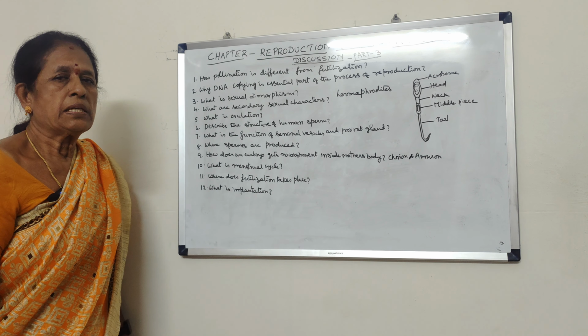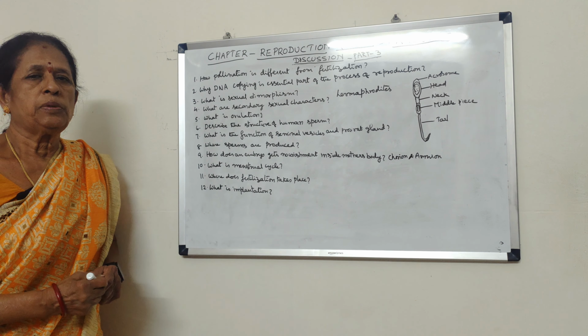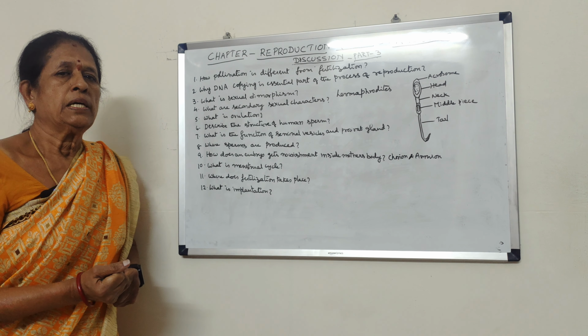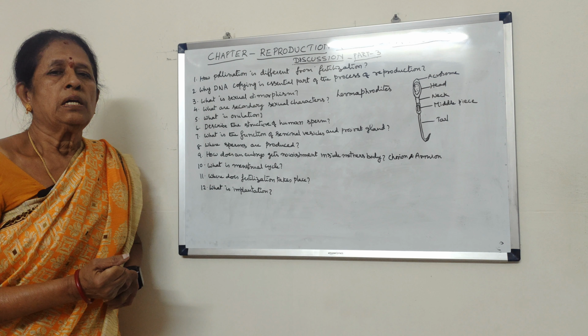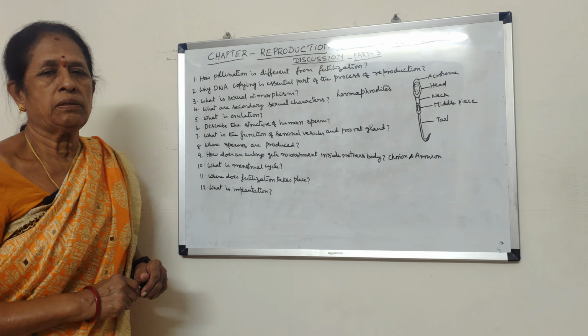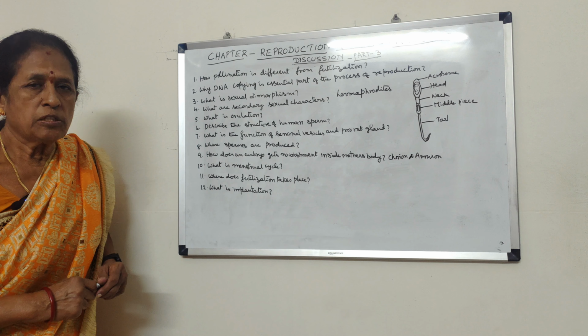So in the testes, small tubules are present which are called seminiferous tubules. In the seminiferous tubules, a large number of mitotic divisions and finally one meiotic division will take place, producing sperms.